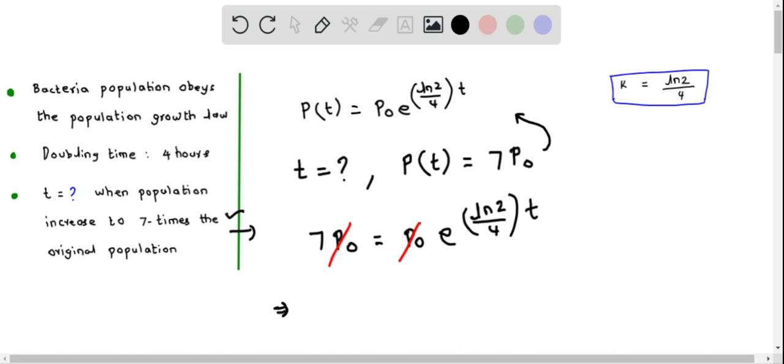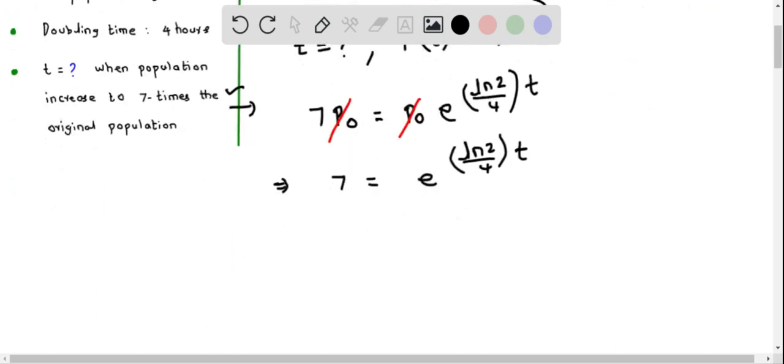So we will have 7 equals e raised to the power of natural logarithm of 2 over 4 times t. Once again, we apply natural logarithm to both sides so that we can solve for t from this equation. So we have natural logarithm of 7 equals natural logarithm of e raised to the power of natural logarithm of 2 over 4 times t.